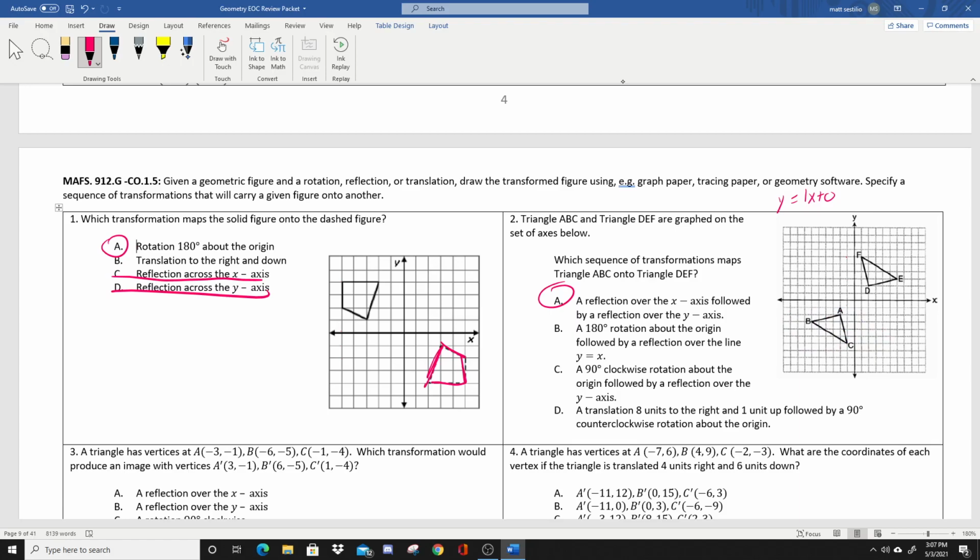Translation 8 units to the right, 1 unit up, so this would go all the way over here, and then you're kind of rotating it. You may land it somewhere around here, but if you only rotate this thing 90 degrees, it's not going to be enough to have this face pointing in the direction that it is. This would have to be a 180 degree rotation.